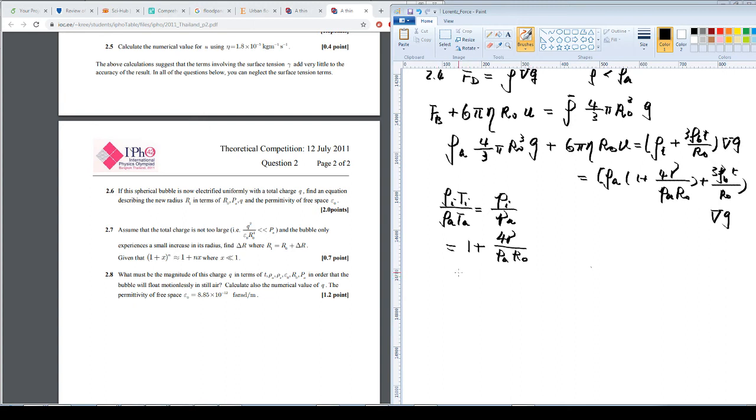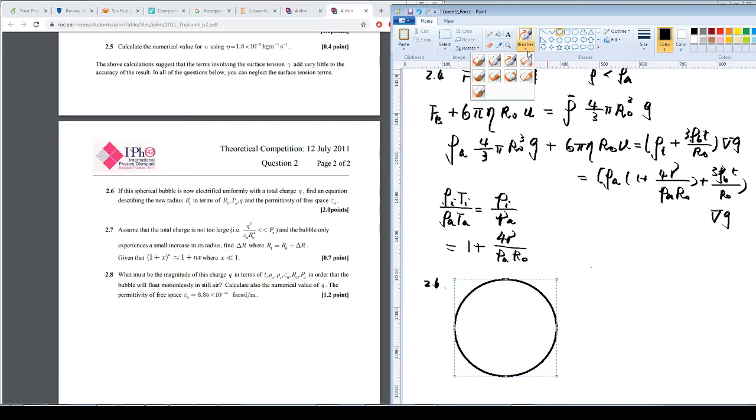So the physics consideration here is to imagine the charges repel each other. Symmetry tells us the repulsion must be radial, perpendicular to the surface, which is equivalent to an extra pressure.